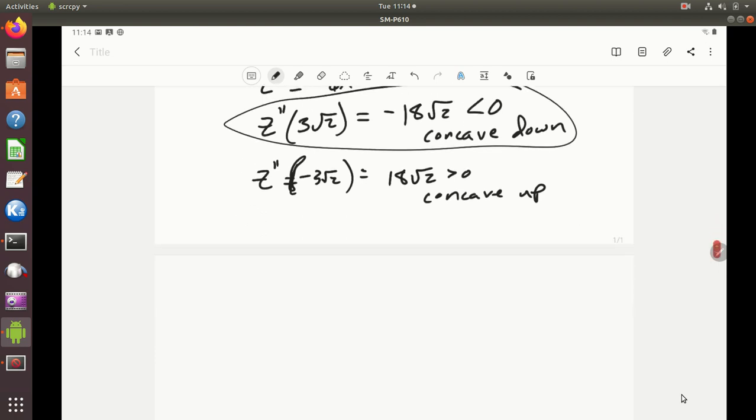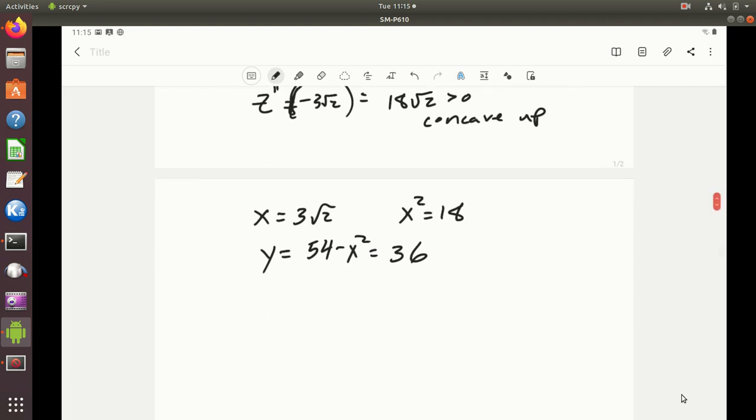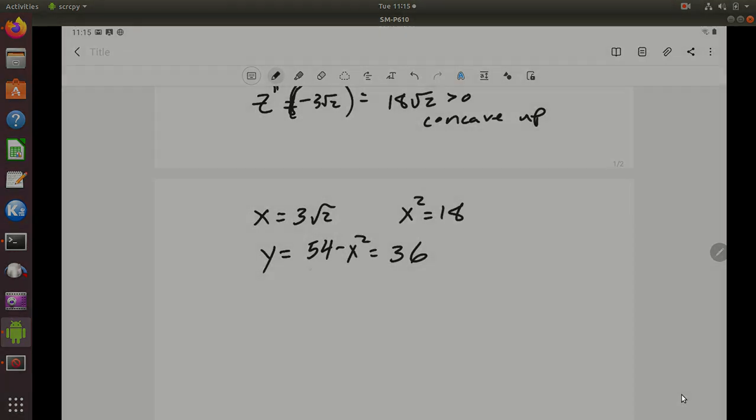And so it says one number, x equals 3 times the square root of 2. Now, if that's the case, then x squared is 18. We had that before. And so y is 54 minus x squared, which is 54 minus 18, which is 36. So x and y are 3 times square root of 2 and 36.